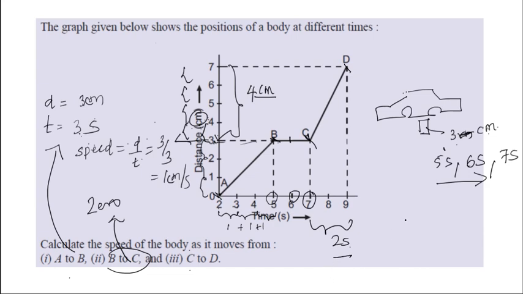Okay, and that is why the speed is equal to distance divided by time, which is equal to 4 centimeter in 2 seconds. So speed is equal to 2 centimeter per second. Since they have given this in centimeter, you have to express it in centimeter per second.